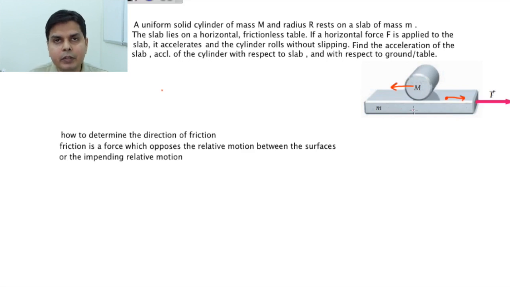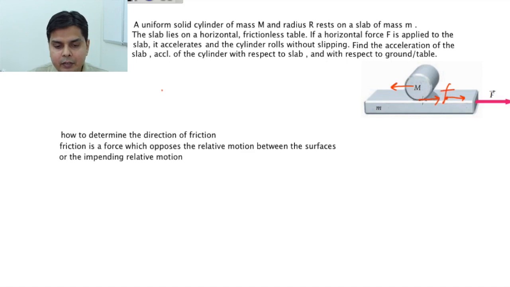So what will be the direction of force of friction? Force of friction always opposes the relative motion. This cylinder is moving towards left with respect to this slab. So force of friction on this cylinder will be acting in right direction, in forward direction.